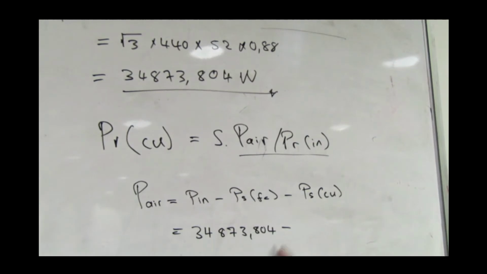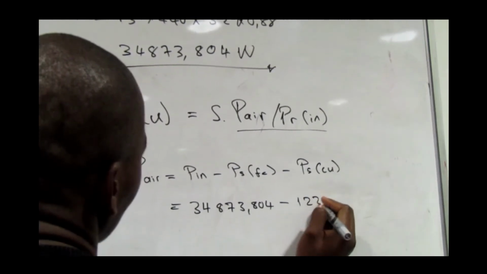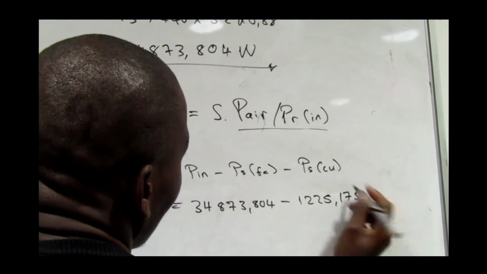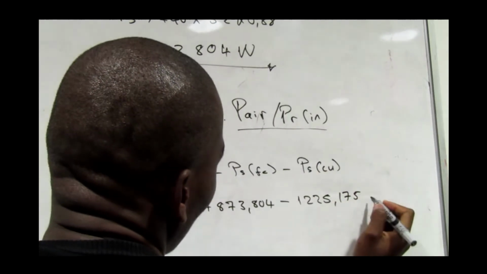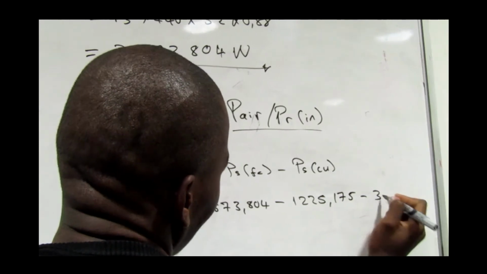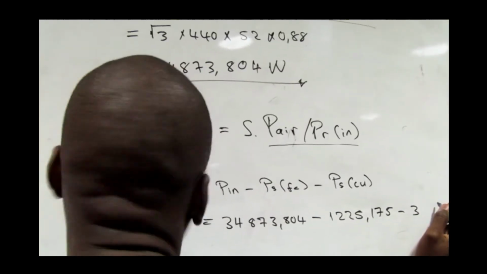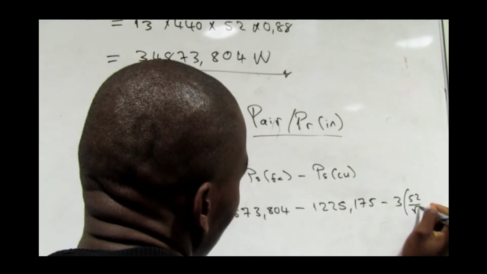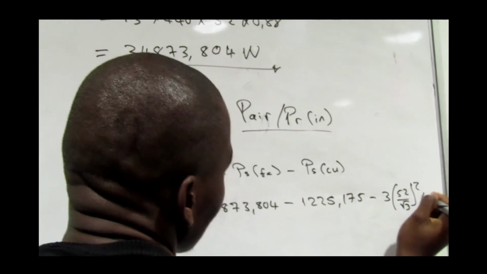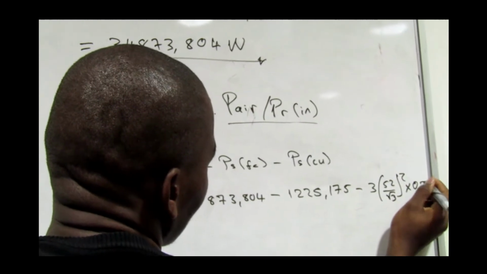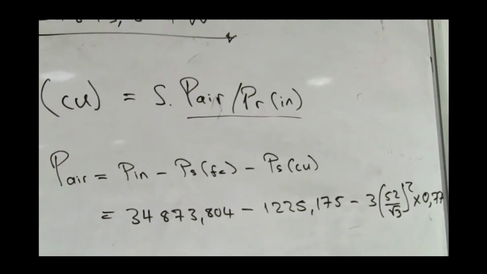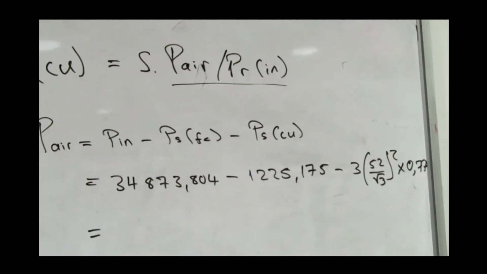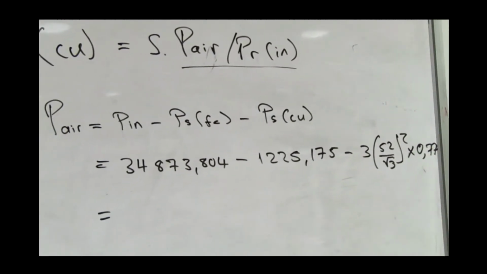So we calculated it at no load and it was 1,225.175, and our PSCU now at full load is 3 times, remember our current at full load was given as 52, so 52 divided by root 3 squared times 0.777, and then our expected answer, let me just calculate.